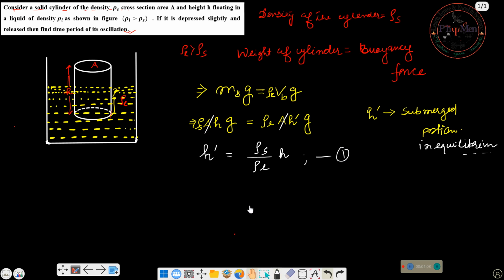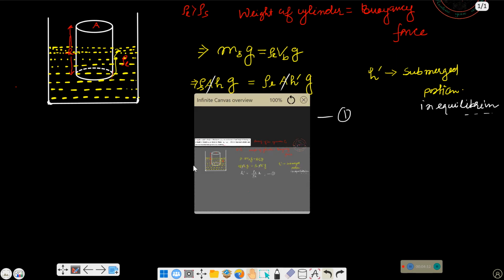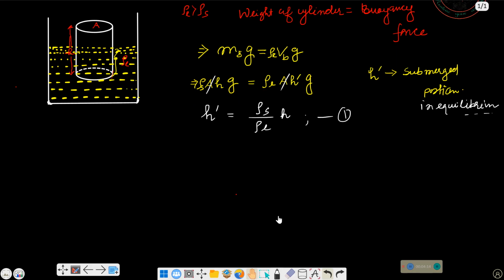Now if we depress this cylinder by a certain displacement, let me take this as x, but this x is very small.